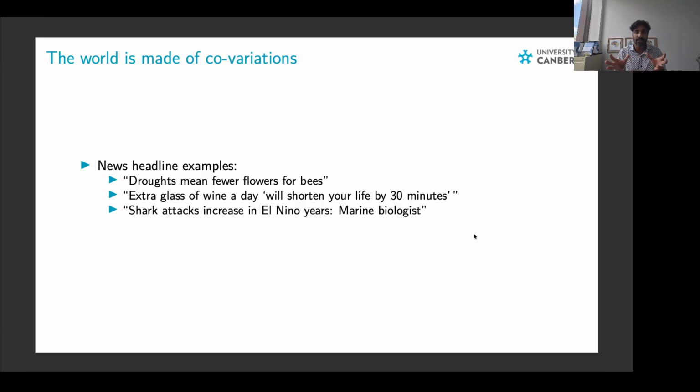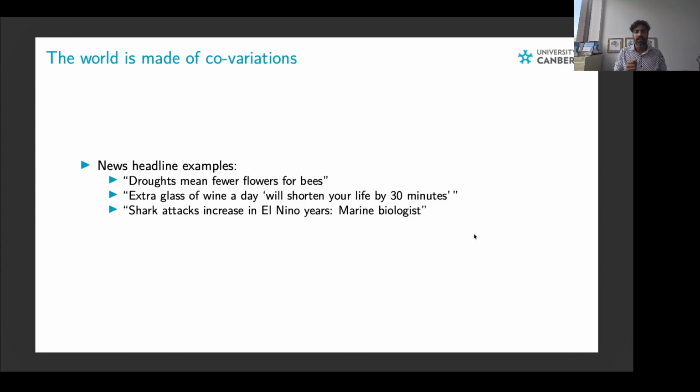All of these reflect relationships between measures, right? For the glass of wine a day, as wine consumption increases each day, the lifespan decreases. These are the relationships that we're thinking of.